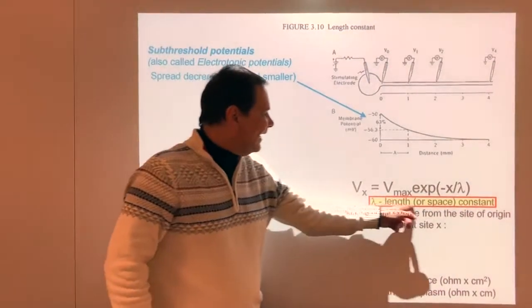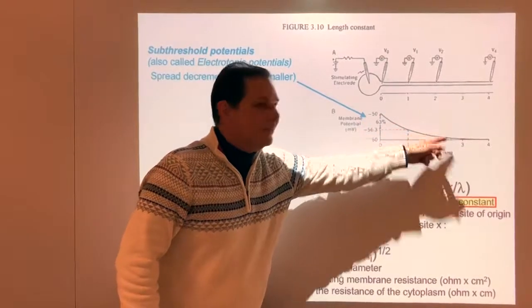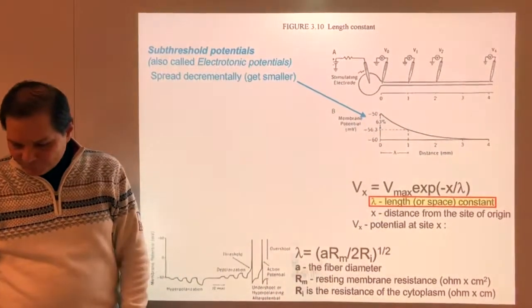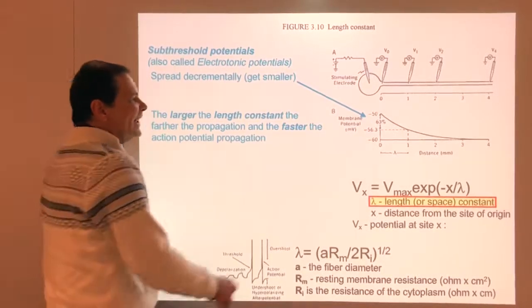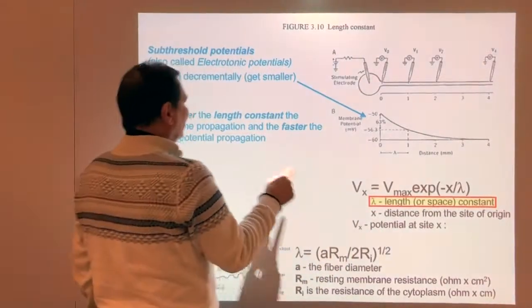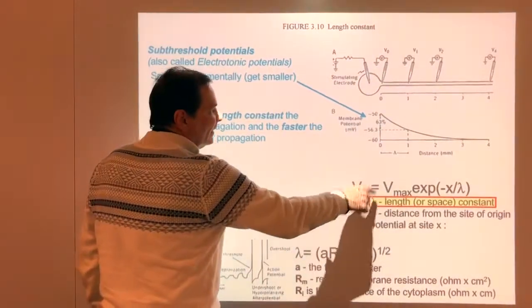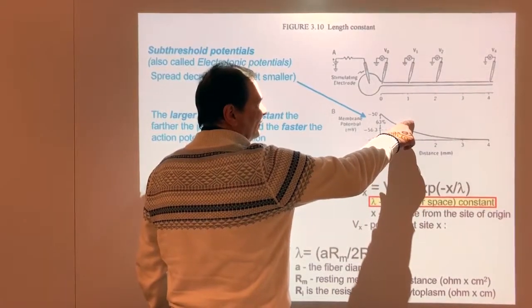So this length constant describes how this decrements, okay? If it's a large length constant, then that means that this thing's going to propagate farther away, okay? So if I have a large lambda, that means that my peak, instead of being at 56.3, it might still be up here.